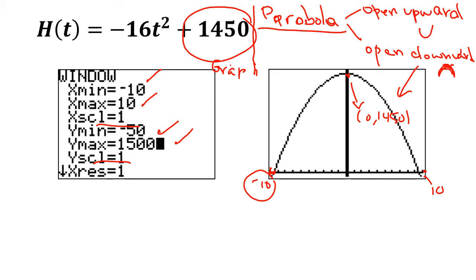But the real domain that represents the domain of H of t is this part right here, corresponding between t equals 0 and this value. I'm going to call that value P, which represents the value at which y equals 0.